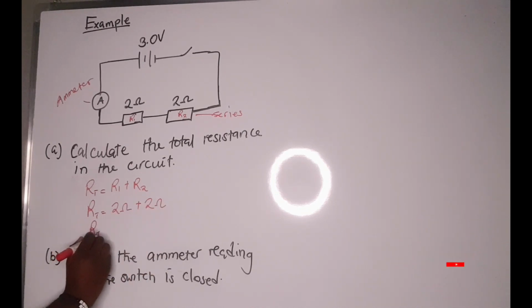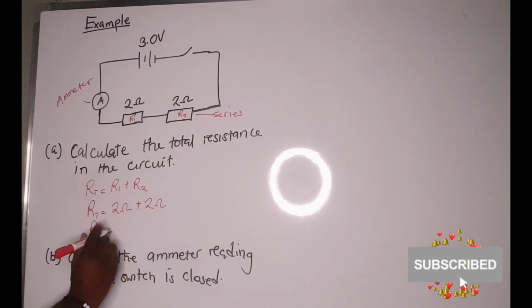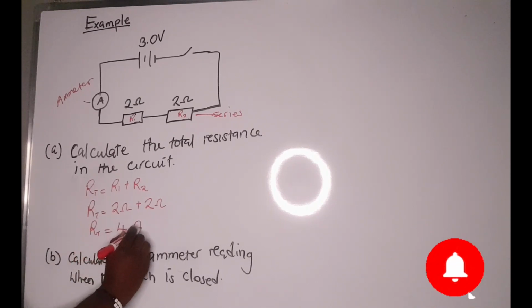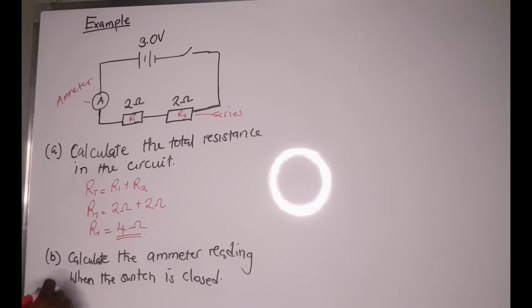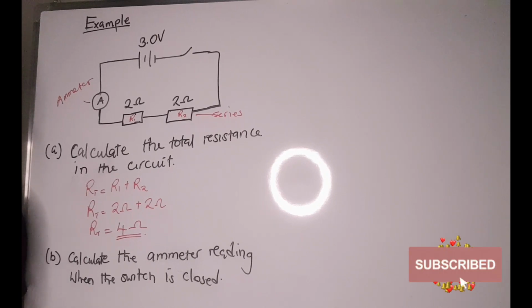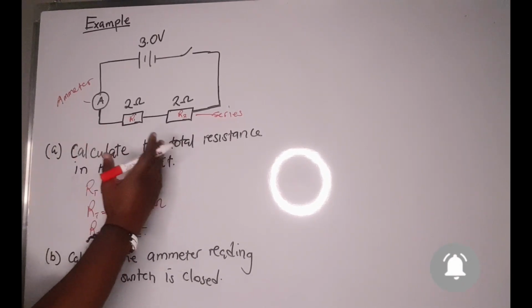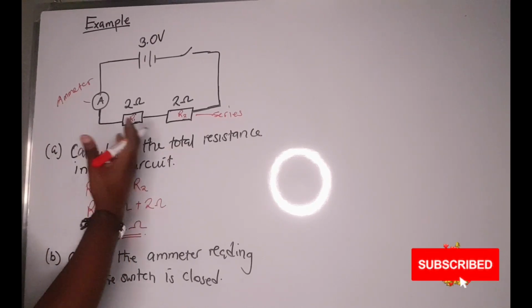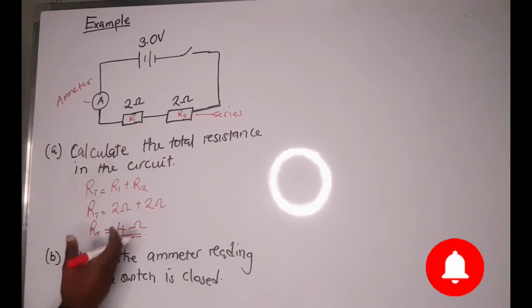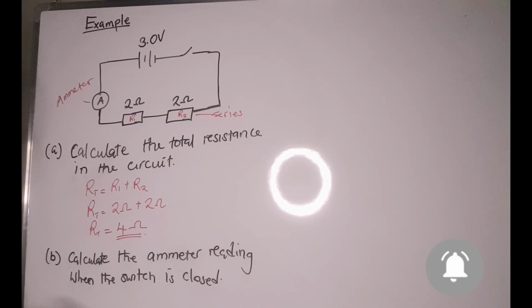Therefore, the total resistance is 4 ohms. When we add the two, we get the combined or total resistance.